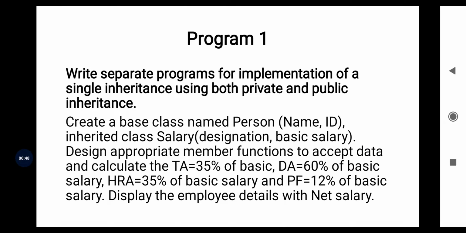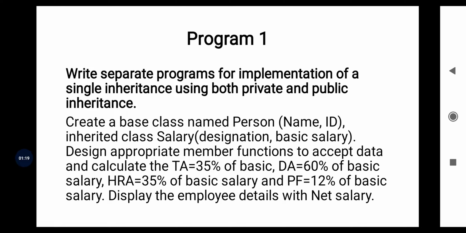The first program involves a very simple, basic level of single inheritance. Now what you need to do here is create a base class called person, create a derived class called salary, right? And you need to have a member function in the derived class which is going to calculate the total salary or the gross salary using the travel allowance, the DA, and the HRA component which is given in the program.